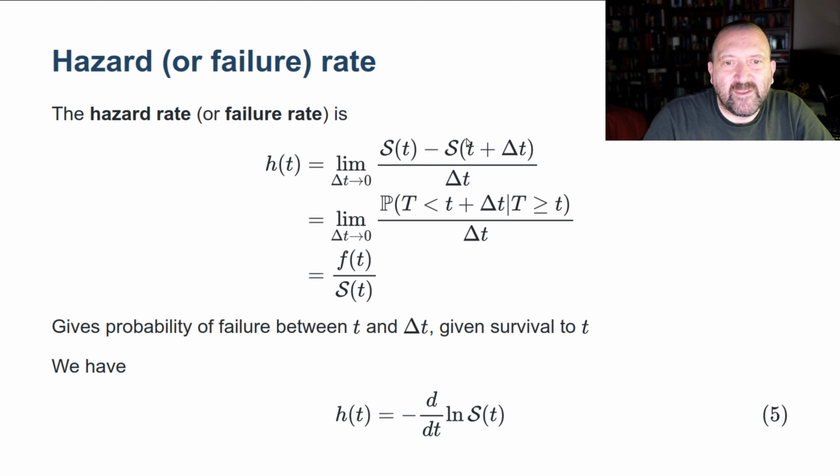The hazard rate is the limit when delta t goes to 0 of, let's look at this formulation here, the probability that you fail before t plus delta t, given that you have survived to time t. So the hazard rate is the instantaneous probability of failure when you have survived to a certain time.